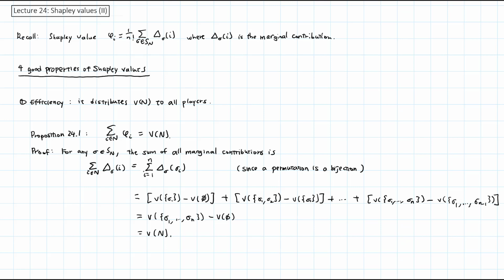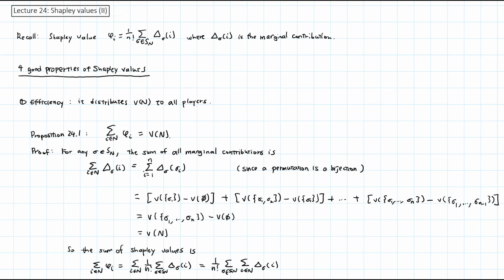We now apply this to calculate the sum of the Shapley values over all players. This sum can be written like this, using the definition of Shapley values. We can take out the constant 1 over n factorial and rearrange the sums to get this expression here.